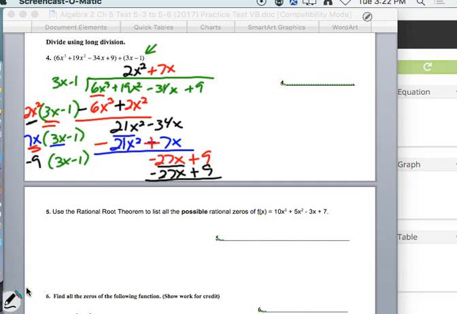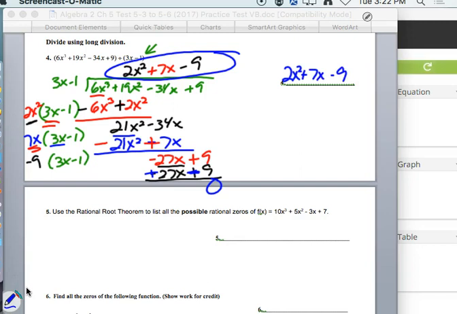Now, it's definitely going to work because if we change the signs and add these, negative 27x plus 27x is 0, and 9 minus 9 is 0. So there's our remainder of 0. And that means our answer, our quotient, is right up here because it worked perfectly. 2x squared plus 7x minus 9.